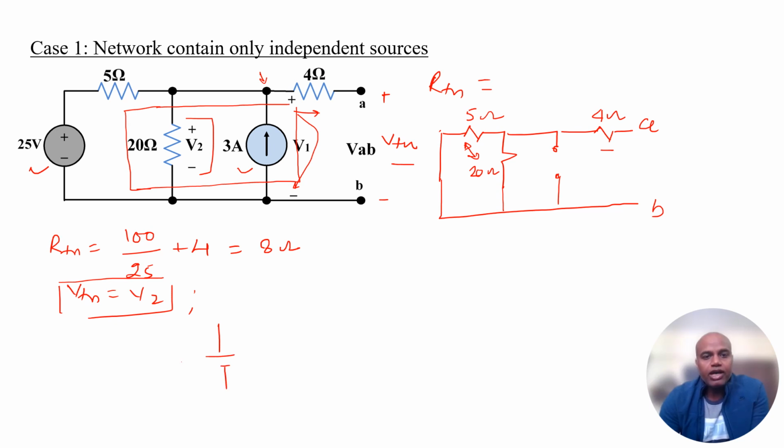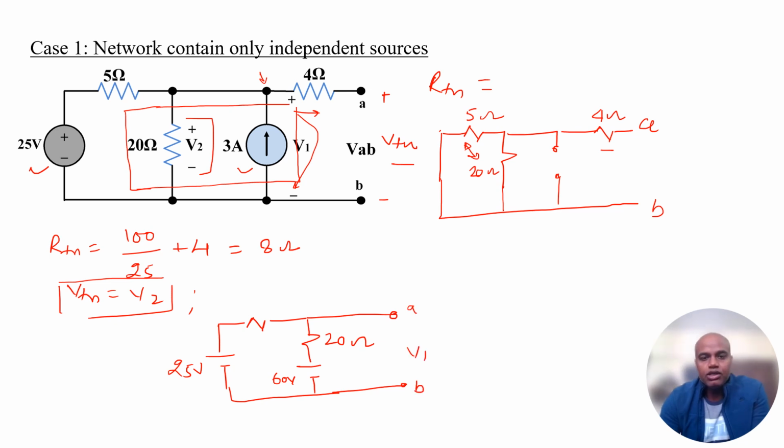I already have the 25 volt source over here in series with 5 ohm, and this is again in series with the 20 ohm and a voltage source equal to 60 volt, 20 into 3, so that becomes the 60 volt source over here with this polarity. These are the terminals A and B across which I need to find the VTH.